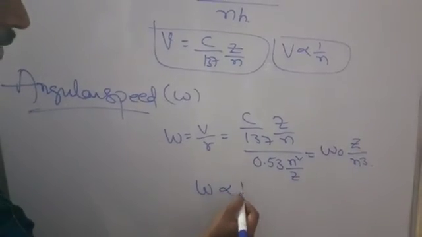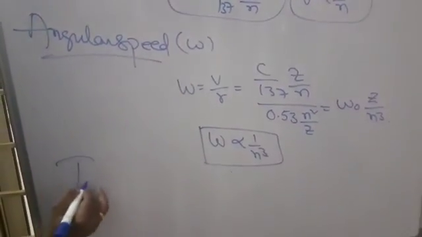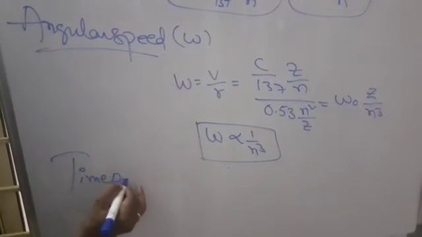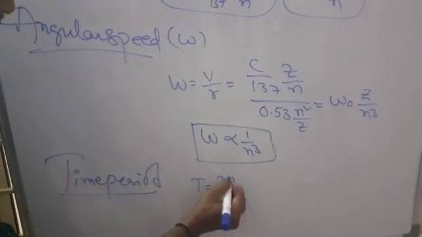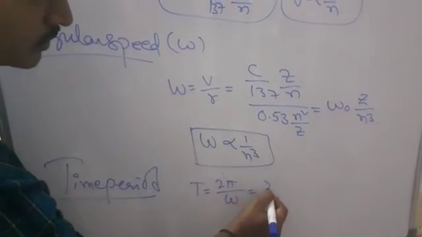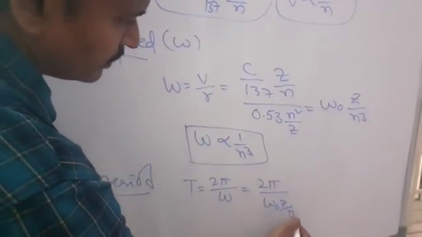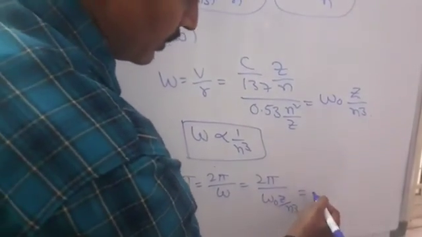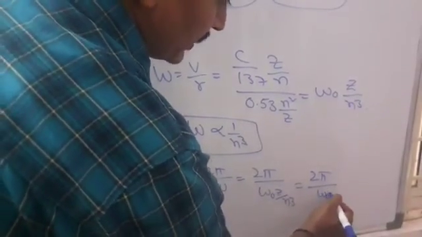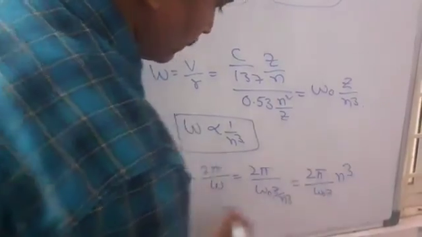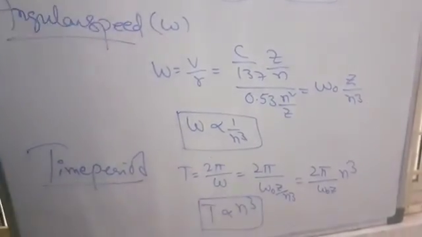Omega is directly proportional to 1 by n cubed. Time period is equal to 2 pi by omega, which is 2 pi by omega naught into n cubed by Z squared. Time period is directly proportional to n cubed.